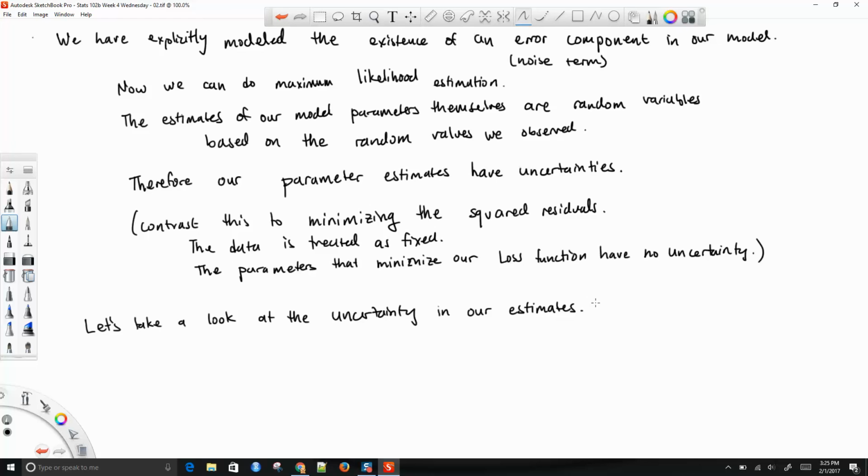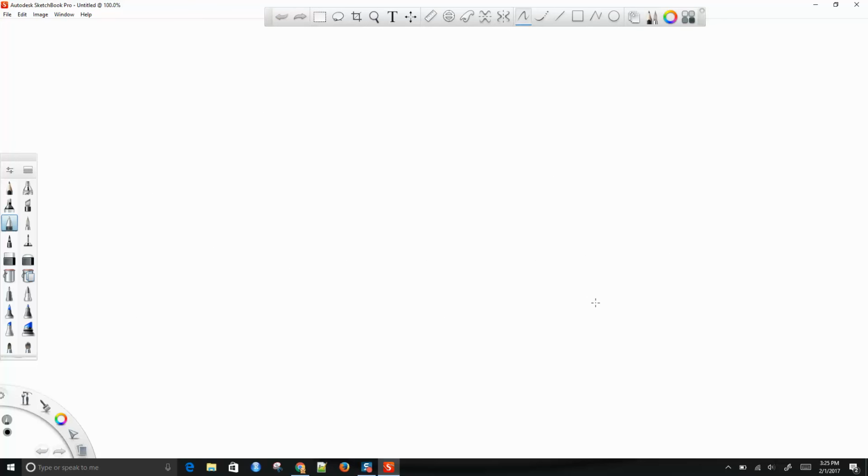Okay, so we start off with our model for linear regression. The values we observe are the intercept plus the slope times our x variable plus some error term.